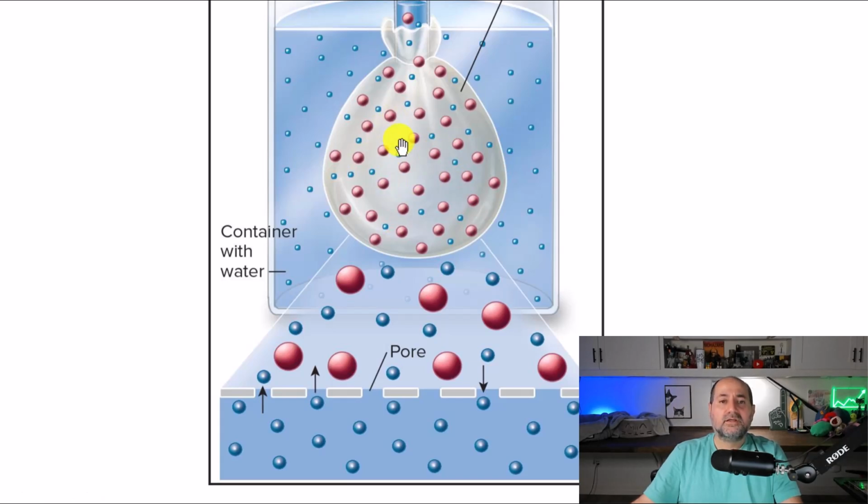In the bag. And where's the sugar low in concentration? In the beaker, right? So that means that the sugar would like to diffuse from where sugar is high in concentration to where sugar is low in concentration. Does that make sense? So sugar wants to go from where sugar is high to where sugar is low, right? But can sugar go from where sugar is high to sugar is low?